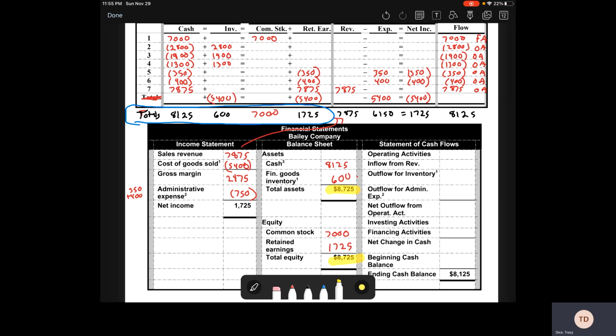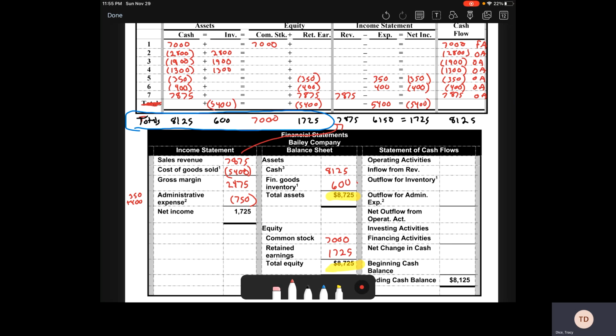All right, so our statement of cash flow now. So operating activities, we had all of these for operating activities. So when we add all those up, inflow would actually just be that $78.75. And the outflow then for inventory is that $6,000.